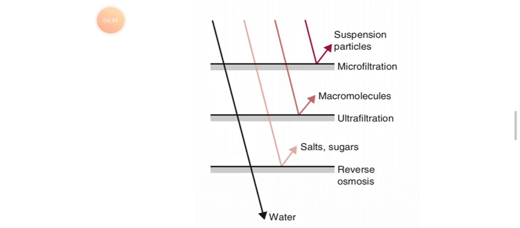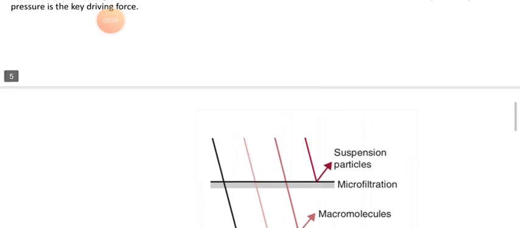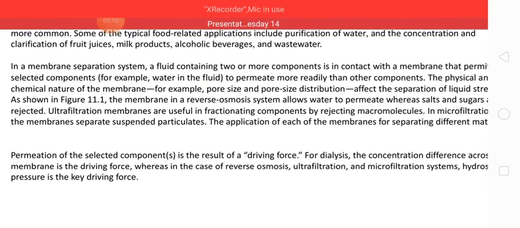So what is the major difference between microfiltration, ultrafiltration and reverse osmosis? The major difference is the pore size of the membrane. In microfiltration, the pore size is large. In ultrafiltration, the pore size is smaller than microfiltration, and in reverse osmosis it is very small. Now come to the first slide.